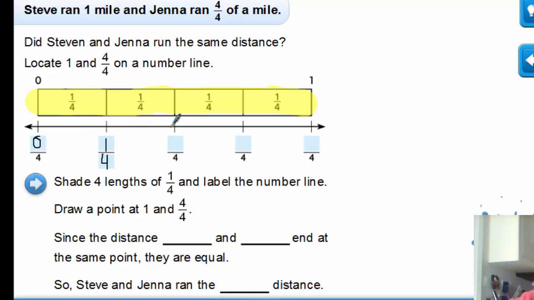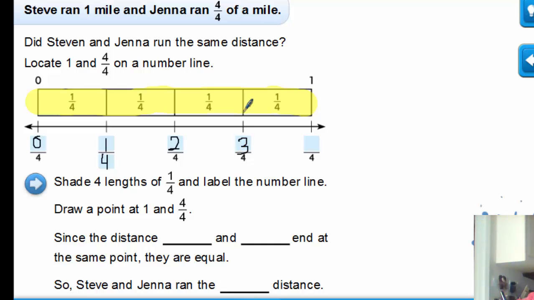What do we get if we continue walking? Right, we're at 2/4. You got it. Okay, so if we had started at 0/4, then went to 1/4, then 2/4, what do we have by the time we've gotten to this point? 3/4.